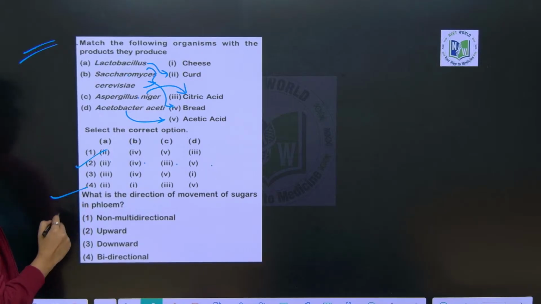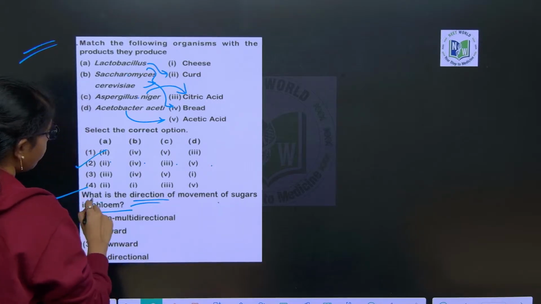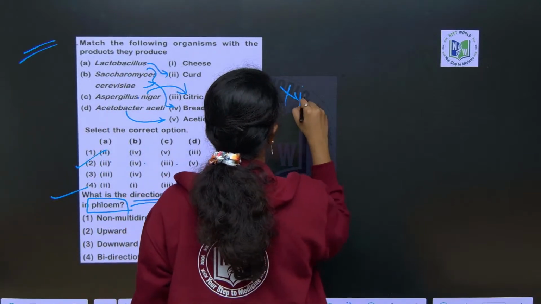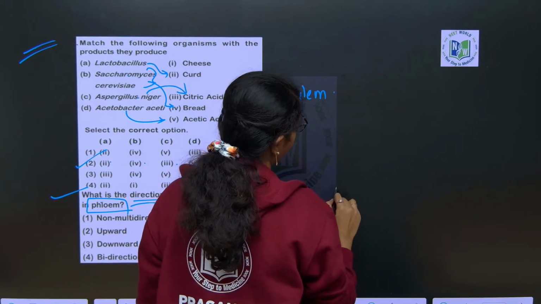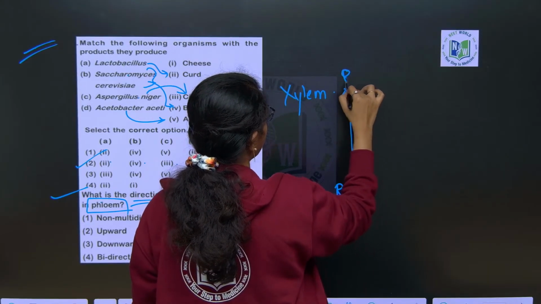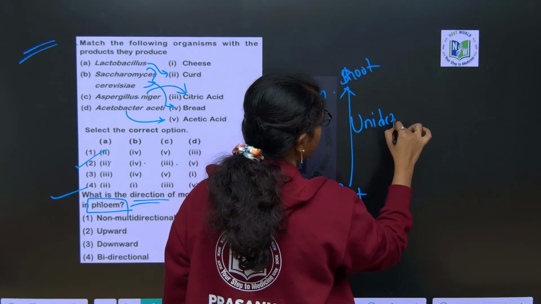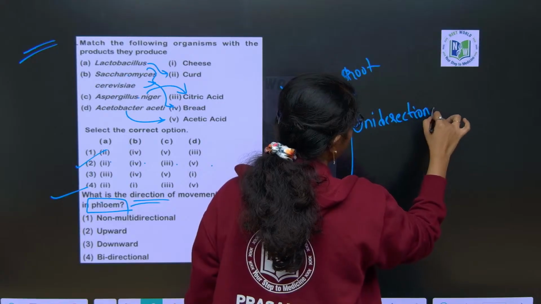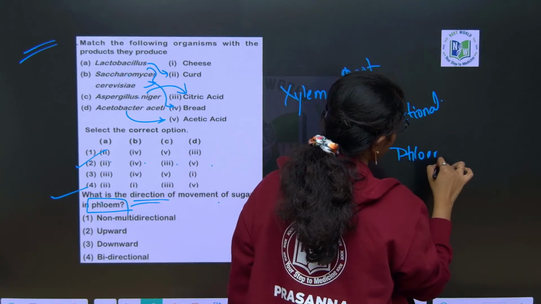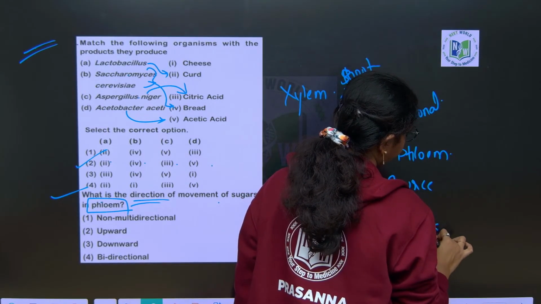Next question: what is the direction of movement of sugars in phloem? In xylem, the movement of water is from roots or root hairs to the tip of the shoot. Here you can see unidirectional movement. Phloem will transport sugars from source to sink.